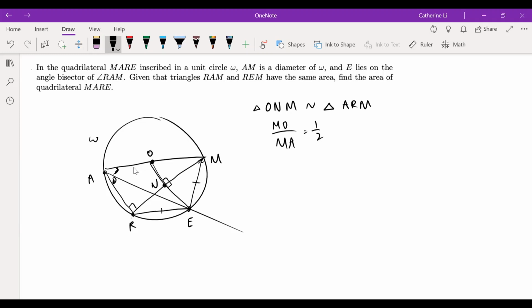We also know that AR is equal to NE because of the condition that these two triangles have the same area. Because the area of RAM is AR times RN, and the area of REM is RN times NE.